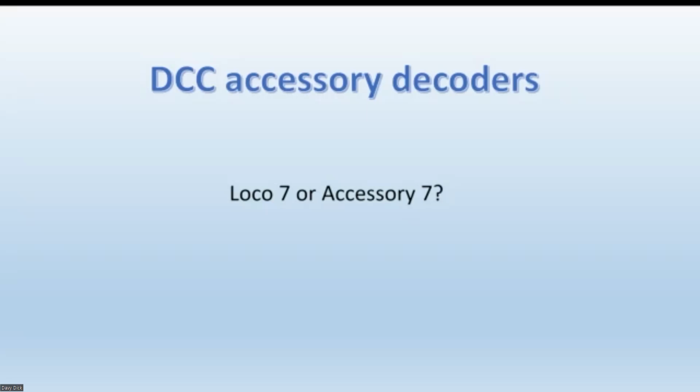Well, that's inside the actual DCC packet that's sent. There's a piece that says, by the way, this is a message for a loco, or this is a message for an accessory. And those flags are picked up by the relevant decoders to know it's for them.